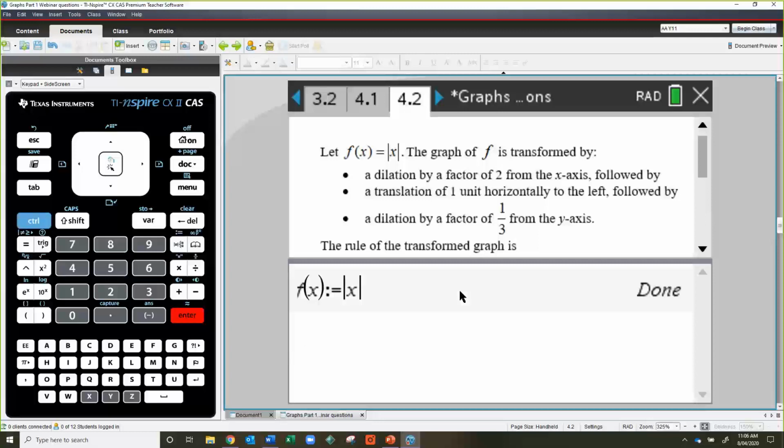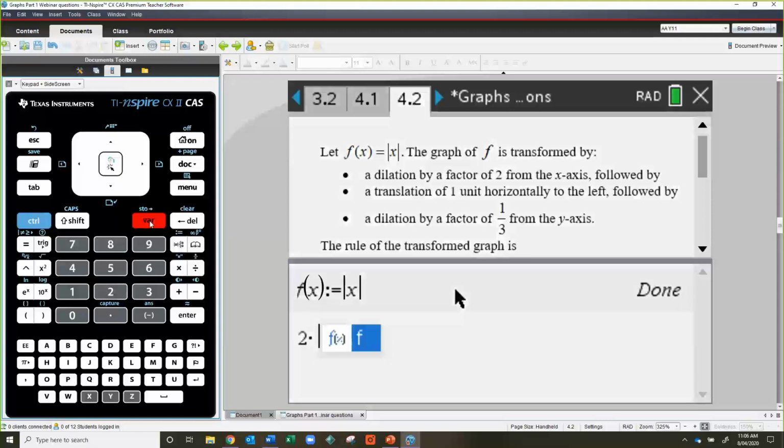The calculator remembers that. Now, a dilation by a factor of 2 from the x-axis means that we have 2 multiplied by our f(x), which gives us 2 modulus x. What I will do now is store this as f1(x).